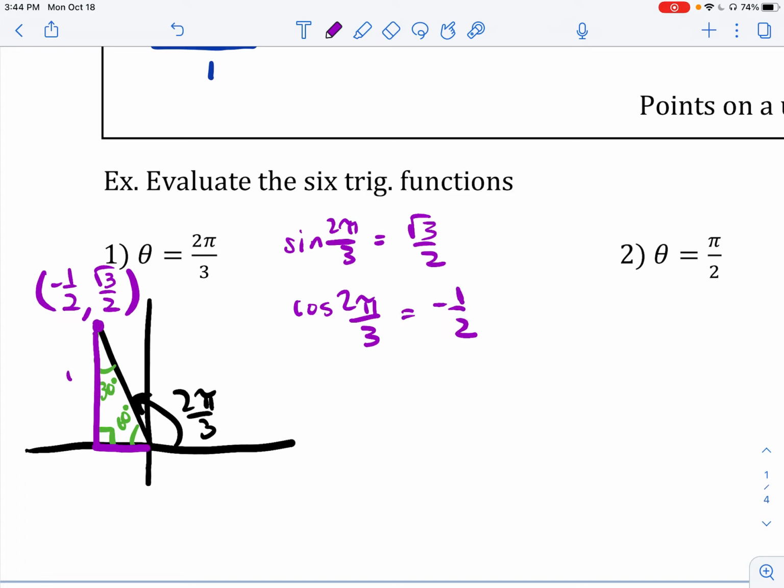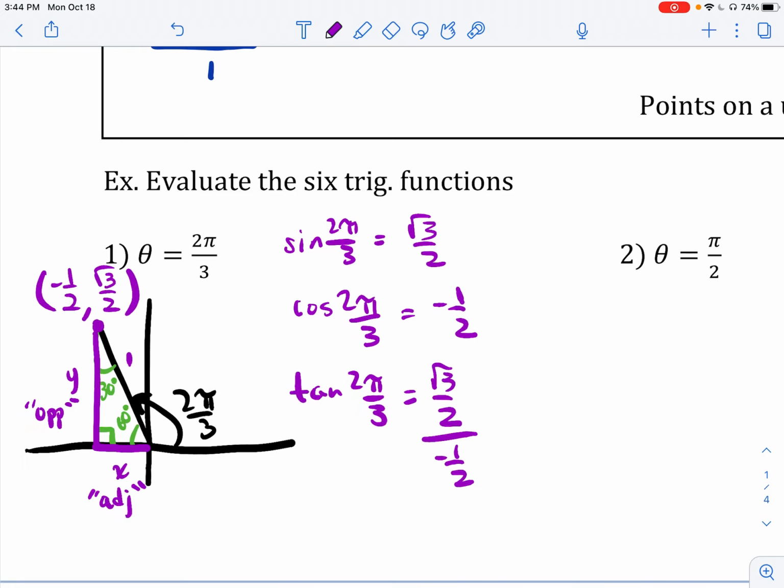So this is my y, this is my x, this is my quote-unquote opposite. And since my hypotenuse is just always 1, I don't really have to worry about my hypotenuse. And this is my adjacent. Tangent of 2 pi over 3, then, would just be my y over my x, root 3 over 2 divided by negative 1/2, which is just negative root 3.